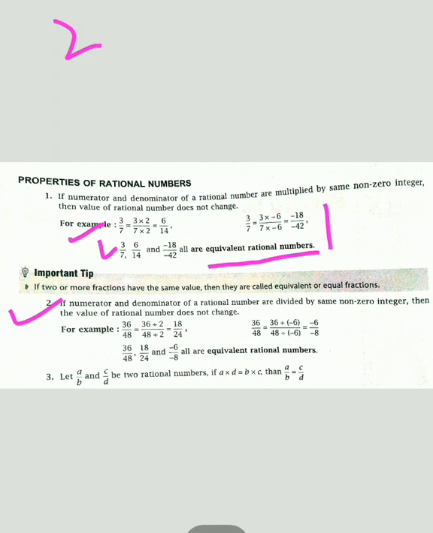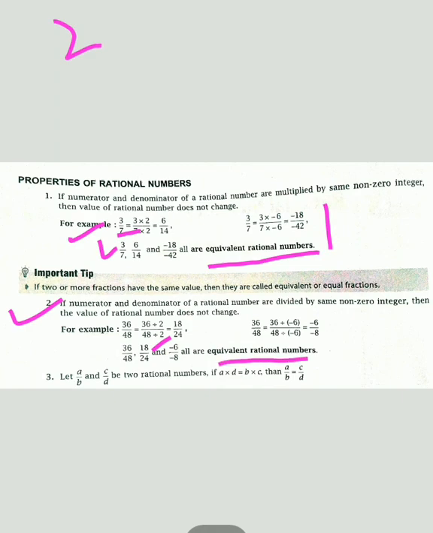Okay. Means if we multiply the upside and downside by the same number, or if we divide the upside and downside by the same number, the value of the number will not change, only the form of the number will change. These are also called equivalent fractions.